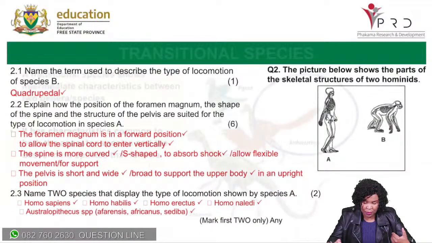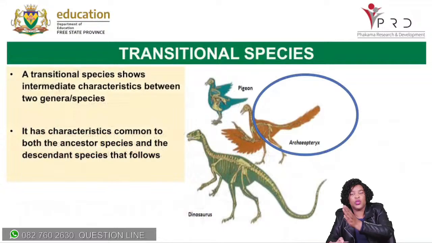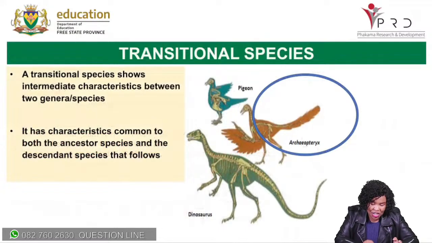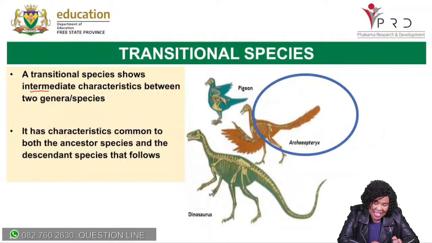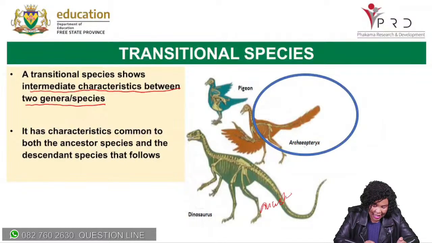You have the worksheet. Then you need to be able to know what a transitional species is, because sometimes when you are studying evolutionary trends between organisms, you may find an organism that shows intermediate characteristics between two genera or between two species. You may find it has the characteristics of an ancestor species, and it has the characteristics of the descendant or of the present species.